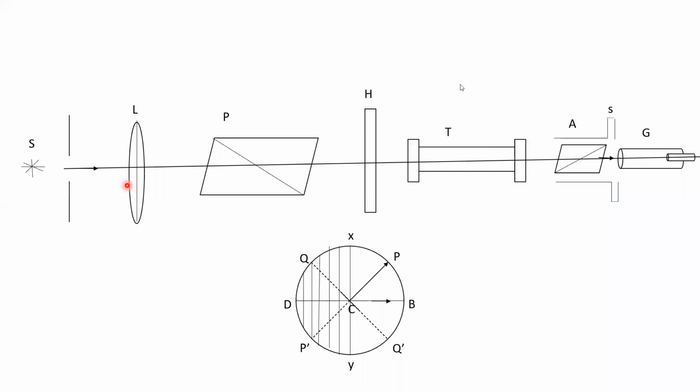The half-shade polarimeter is the prime part of this experiment. Here the half-shade device is one glass plate half covered with quartz and half covered with the glass plate. X, C, Y is the optic axis on that half-shade device.